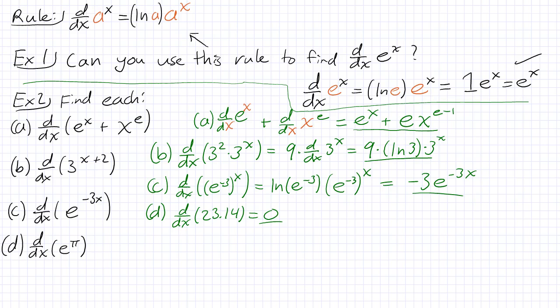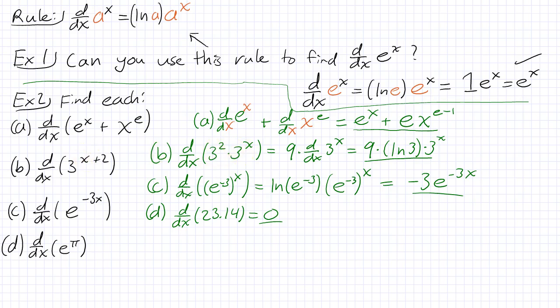With this one, the trick is B, C, and D all have some kind of trick involved in them. The trick is that you can write this 3 to the power x plus 2 as 3 to the power 2 times 3 to the power x. That works because 3 to a power times 3 to a power means just add those exponents, and it means the same thing.